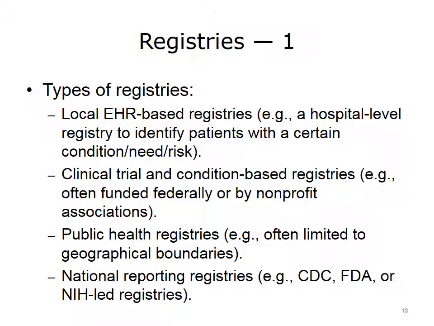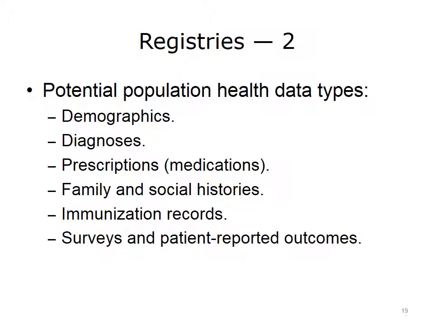And national reporting registries, such as CDC, FDA, or NIH-led registries that have a national coverage. Registries also provide valuable data types for population health analytics, such as demographics, diagnoses, medications, family history, social history, immunization records, surveys, and patient-reported outcomes.